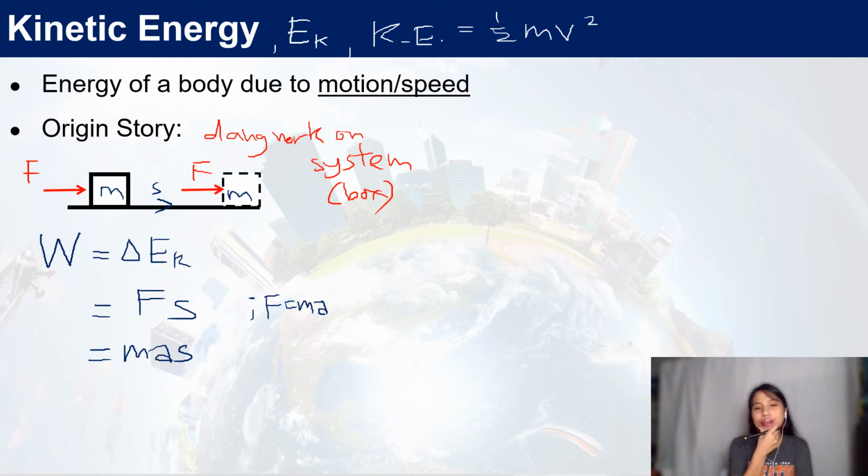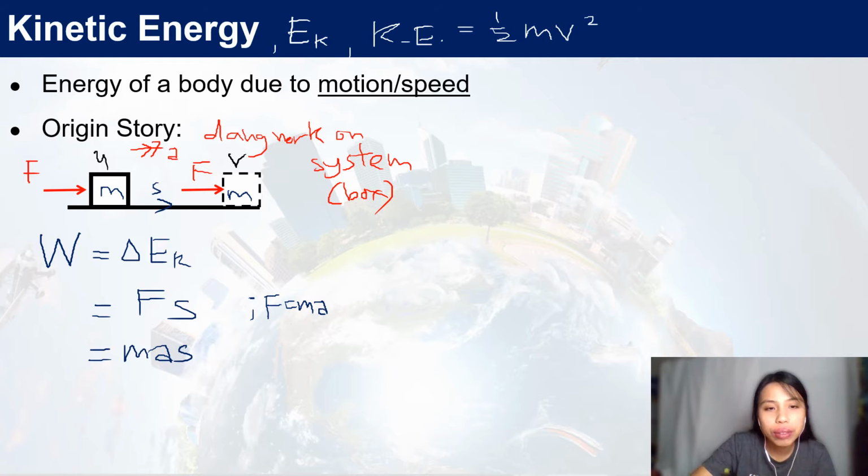But what if? Is there a way to find the acceleration of this box with maybe some kinematic equation? Let's see. So the box starts off with some initial speed u, ends up with some final speed v, and because of that force acting, there's going to be some acceleration of this box.